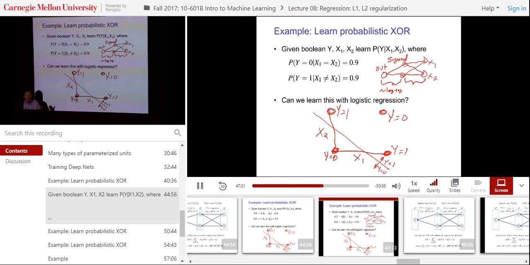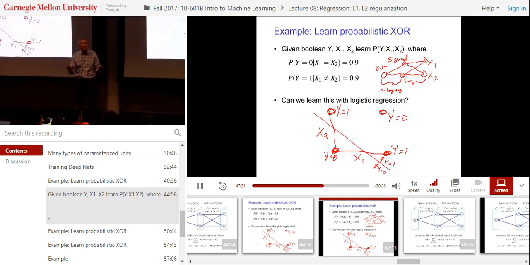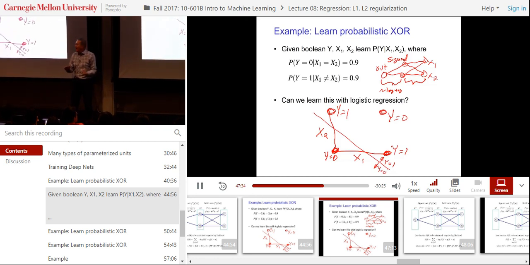And this is a very good way of thinking about, again, why neural nets are so important. It's sort of like we can take everything that we said about logistic regression and just prepend to it a pre-processing stage, where that stage is being trained to learn some re-representation of the input such that we can learn a probabilistic function, which is a linear decision surface in this transformed space.